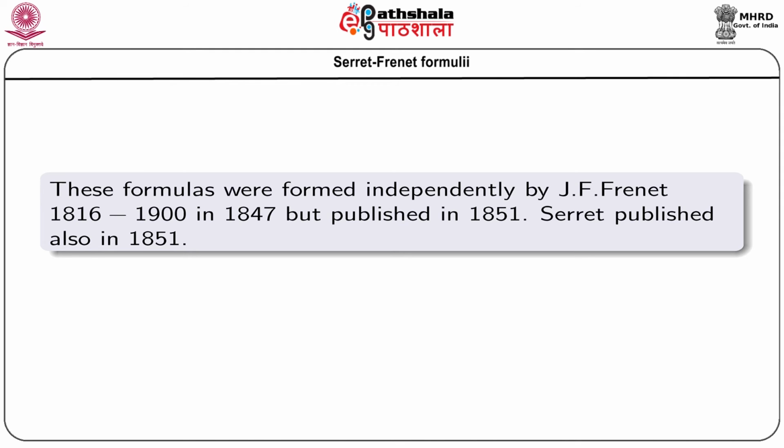I have mentioned earlier that these formulas were formed independently by J. F. Frenet in 1847, but published in 1851, and Serret also published separately in 1851. So its name is given as Serret-Frenet formulae.